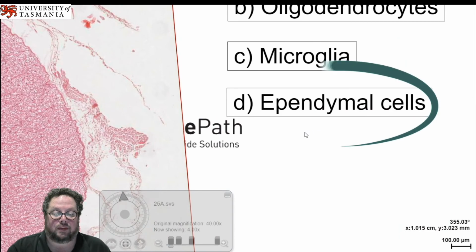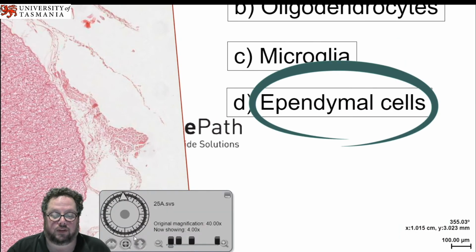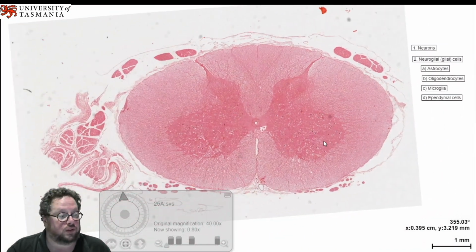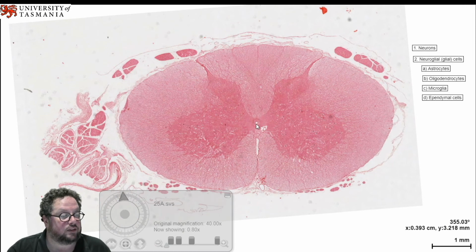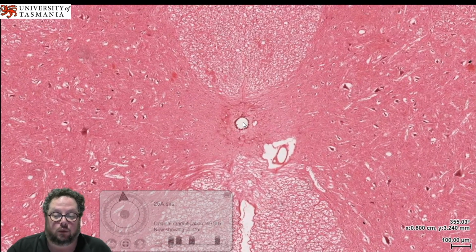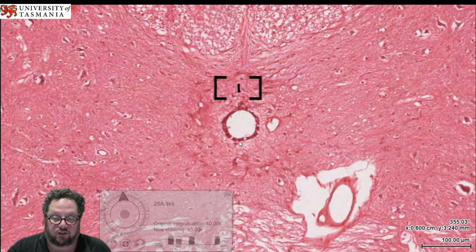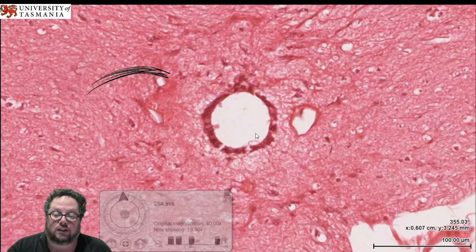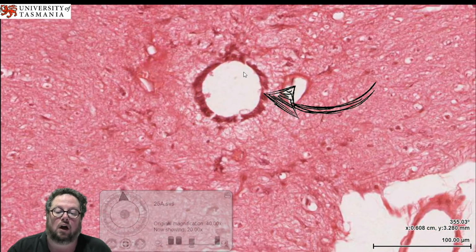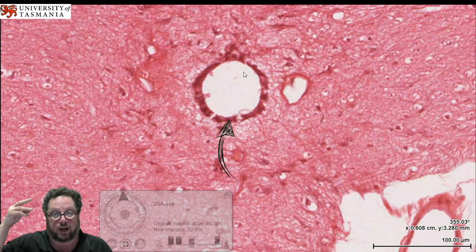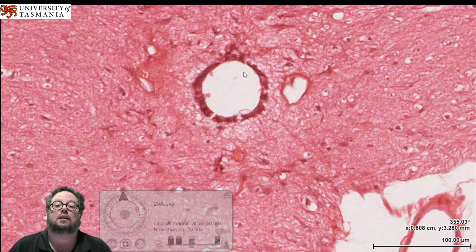But what about the ependymal cells? Where do we actually find the ependymal cells? Well, the ependymal cells are found lining this little hole in the middle of the spinal cord here. This is known as the central canal. If we zoom in here, we can hopefully see this line of cells on the outside. These are ependymal cells, and they line the ventricular surface in the brain, the ventricles of the brain, and then line the continuation of that space in the brain down the spinal cord, known as the central canal.